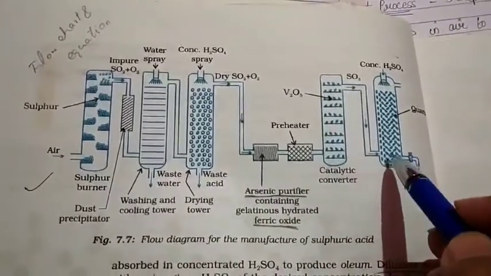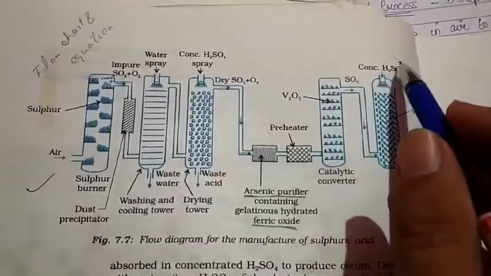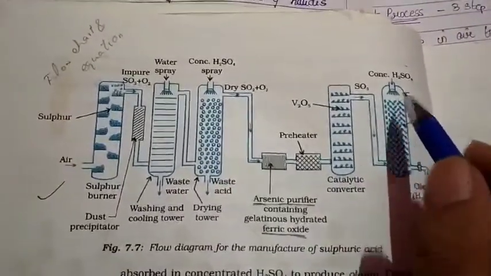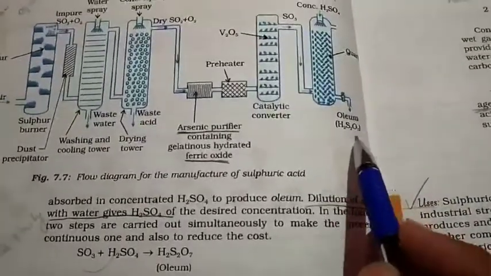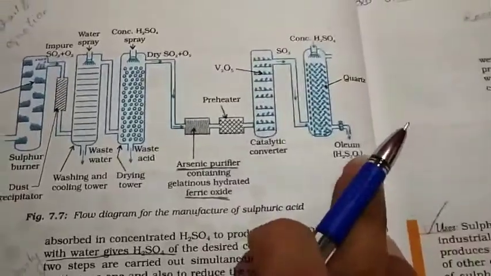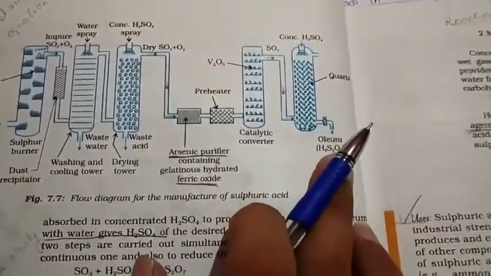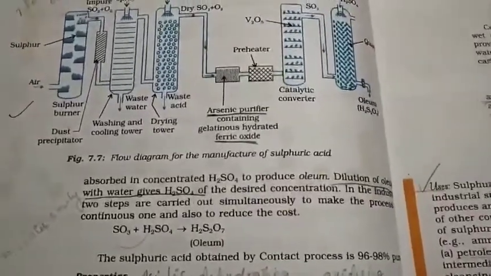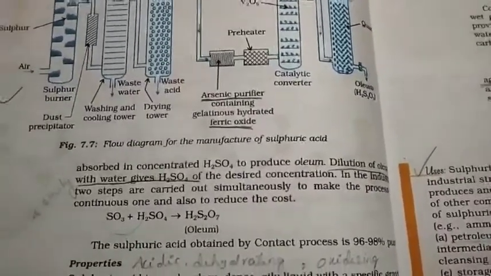Now I am passing it to concentrated H2SO4. Whatever SO3 is obtained is absorbed in your concentrated H2SO4 to get the final product, your oleum, that is H2S2O7. Once you get the oleum, as I have mentioned, you can dissolve it in the quantity of water required to get the perfect concentration of your sulfuric acid.